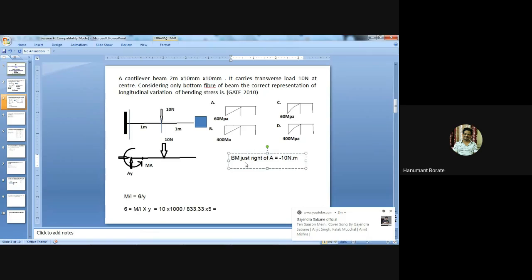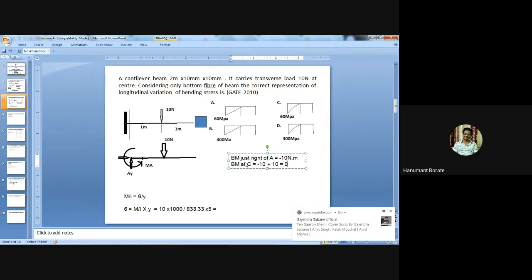And the bending moment at the center, taking that point as C, equal to minus 10, then the bending moment of the force at A, which is clockwise, is 10 into 1, again 10.